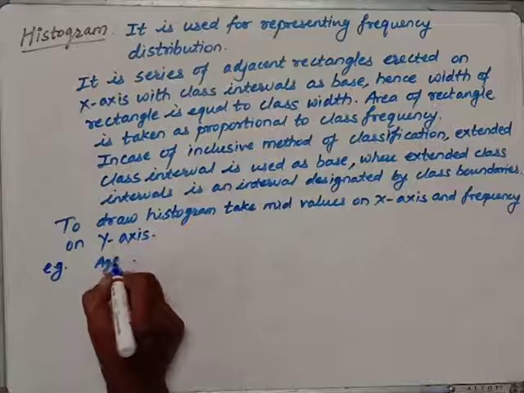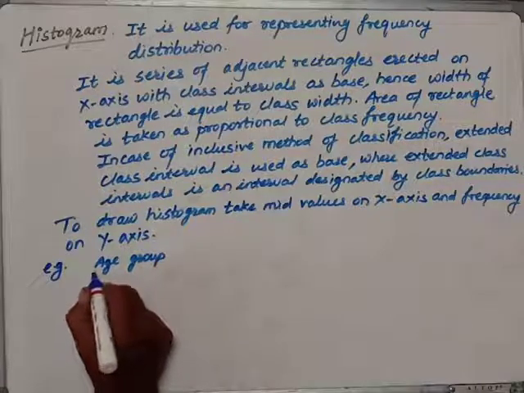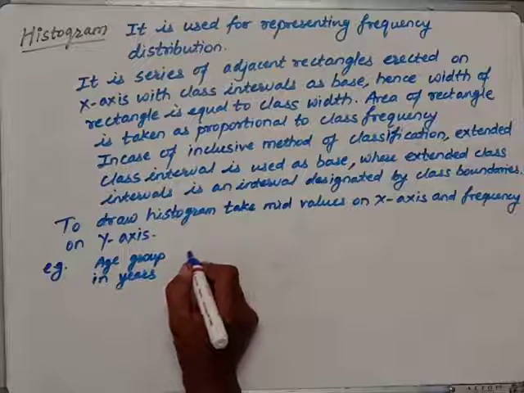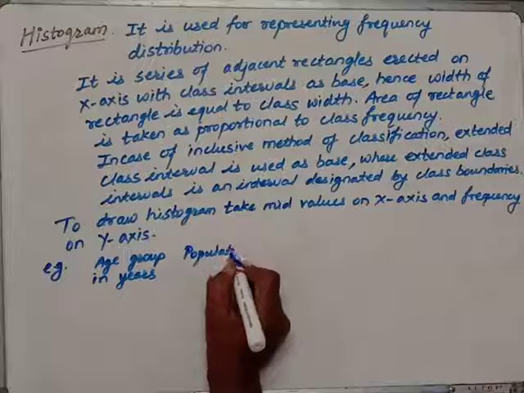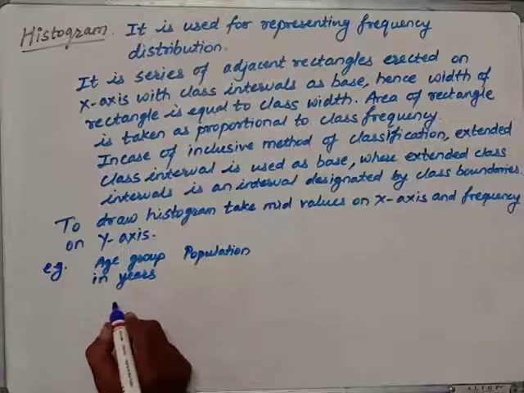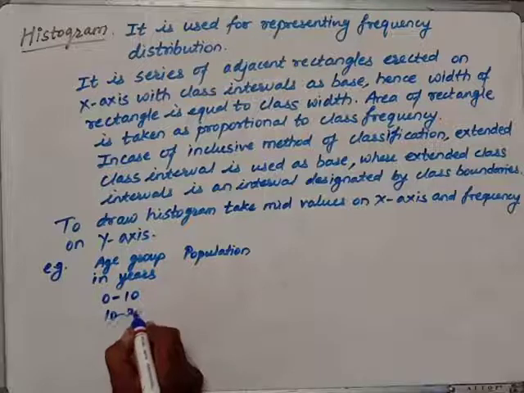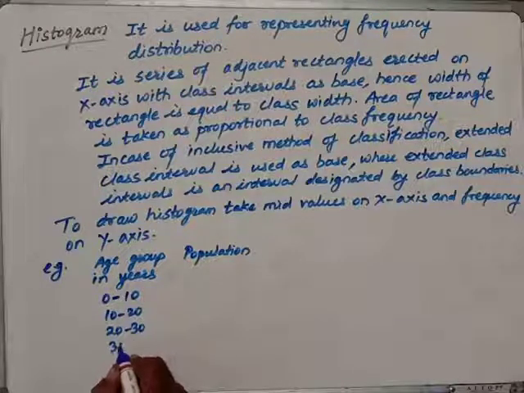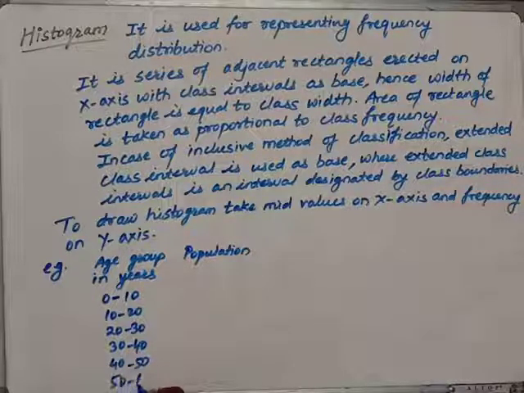Age group in years and suppose population. Suppose we have to draw a histogram for this. So the age groups are 0 to 10, 10 to 20, 20 to 30, 30 to 40, 40 to 50, 50 to 60.